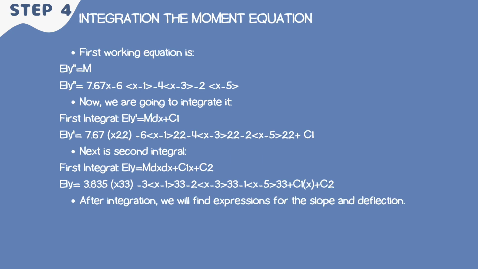Step 4. Integrate the moment equation. Now, we integrate the moment equation. For the first working equation, we're going to change the parentheses into brackets only. Next, we are going to integrate it.